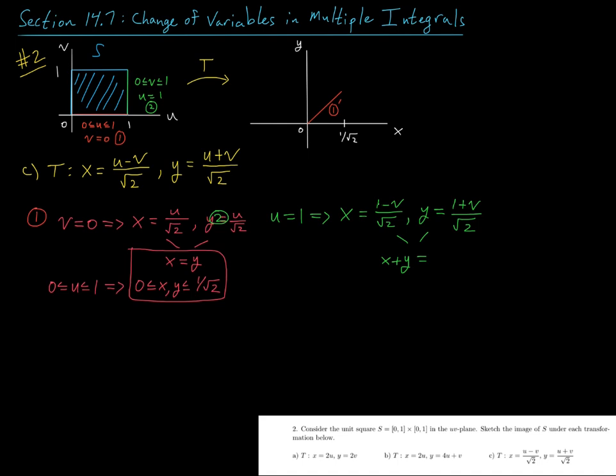And I'm going to wind up getting 2 over root 2, which is equal to root 2. So I'm really describing a portion of this line, x plus y is equal to the square root of 2. And we're letting v vary from 0 to 1.